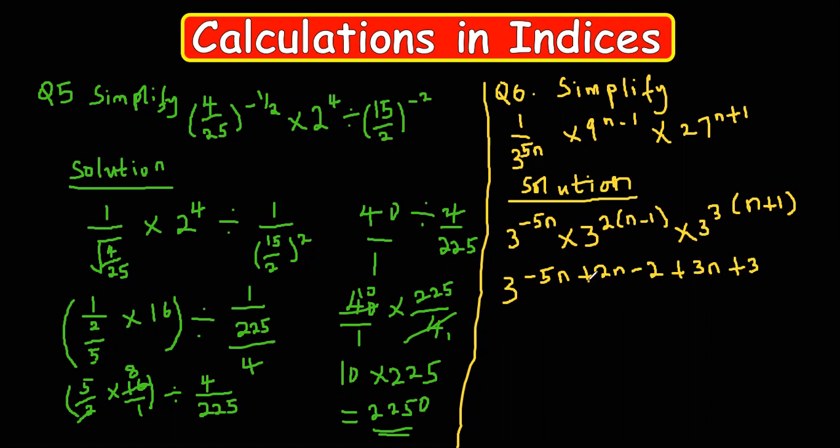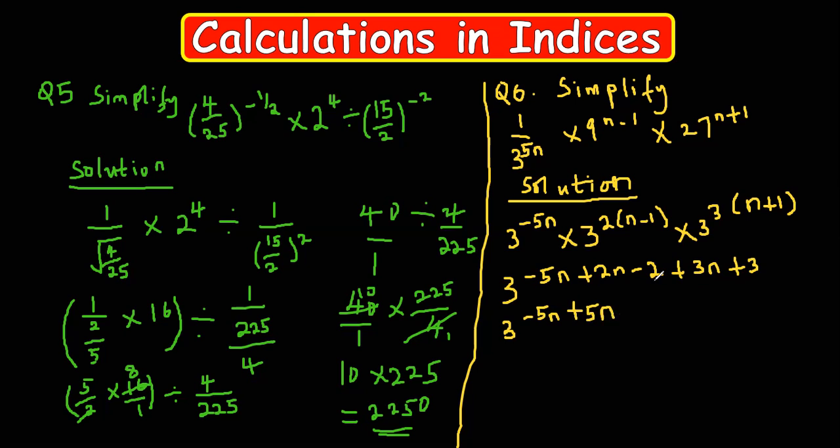Okay, so we have space if I do the rearrangement. So I think you're going to understand. So this is 2n plus 3n, so we are going to have 5n here. So let's write down the base, minus 5n plus 2n plus 3n, which should have 5n, right?